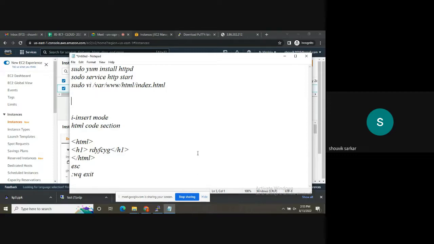So the thing is that here it is Linux. How many of you are familiar with Linux? When we are going to host a web page or anything in Linux, there is no Notepad. So how do we write?